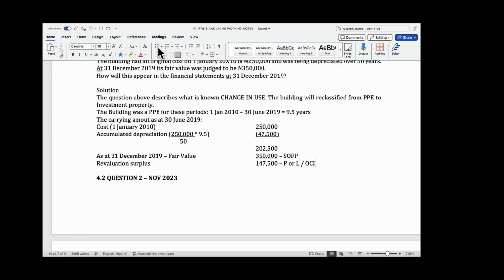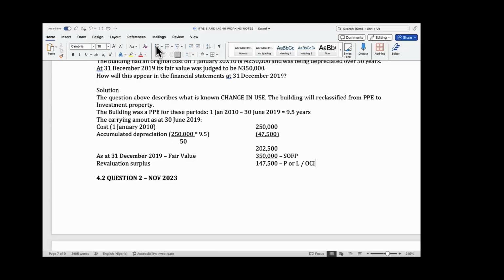So he understands it very well. He said that the asset used to be PPE before, and PPE under IAS 16 uses the revaluation model. And for revaluation model, any changes in fair value will go to OCI. But now there is a change in use. The asset is no longer PPE anymore.